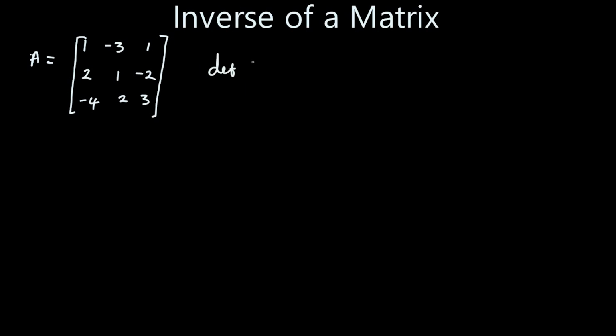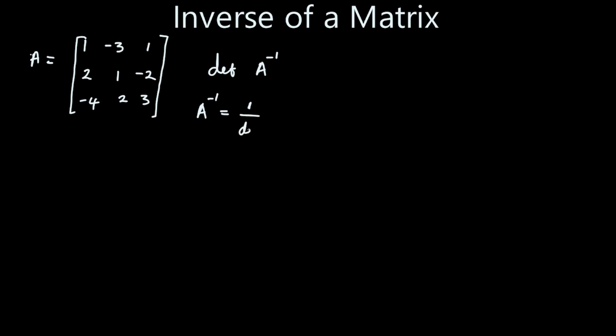Given the matrix A, which is given by 1, minus 3, 1; 2, 1, minus 2; minus 4, 2, 3. You are told to determine A inverse.